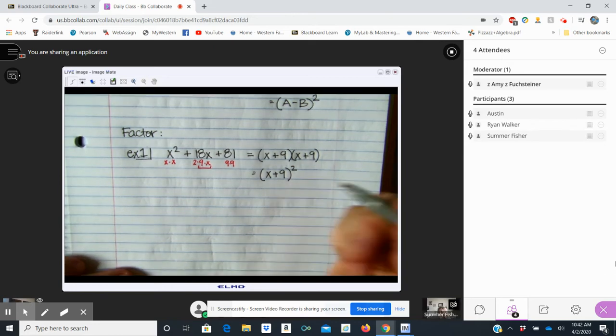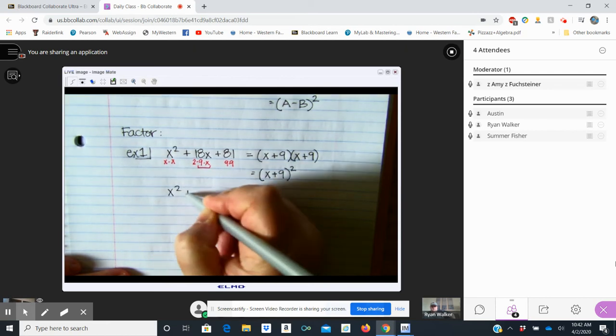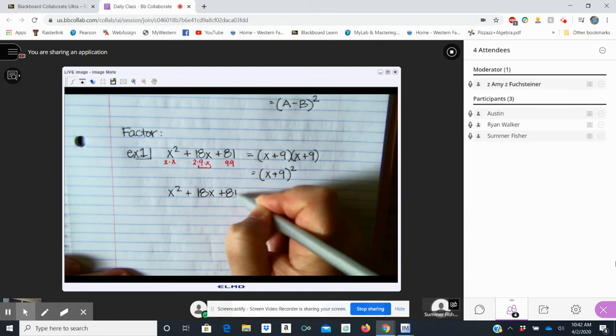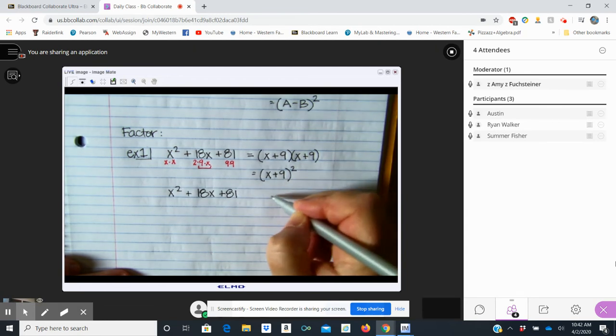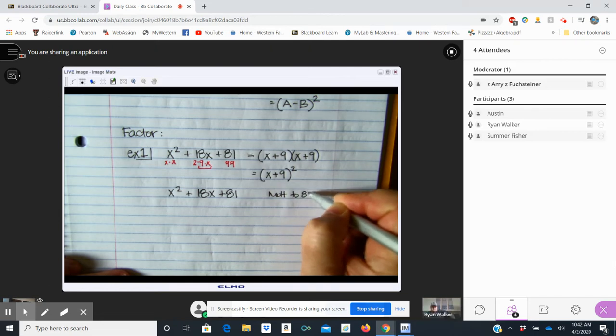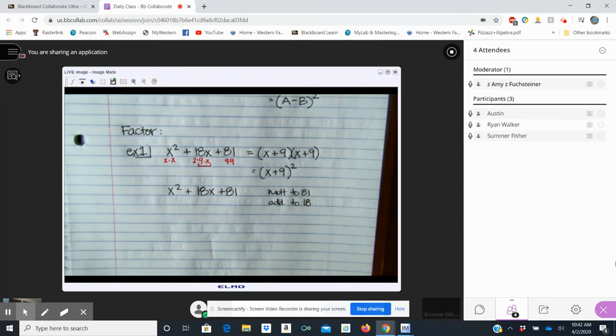If you cannot, or if you miss it, I would just like to point out, let's say you don't see the pattern, and instead you say, okay, we've got to multiply to 81 and add to 18. So the previous method we've done.